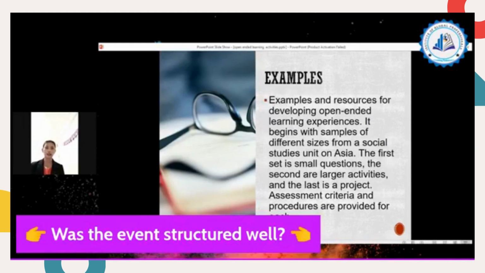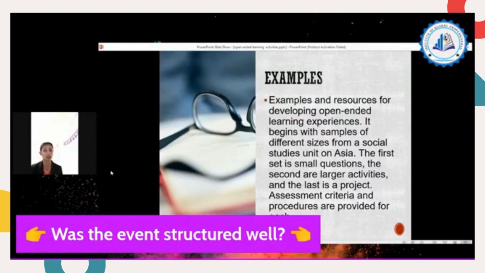Okay, next is the example of open-ended learning experiences. Well, before, we discussed math, now we will be discussing more about social studies. Here, as an example, it begins with examples of different sizes from a social studies unit on Asia. The first set is a small question, then the second are the larger activities, and the last is a project.